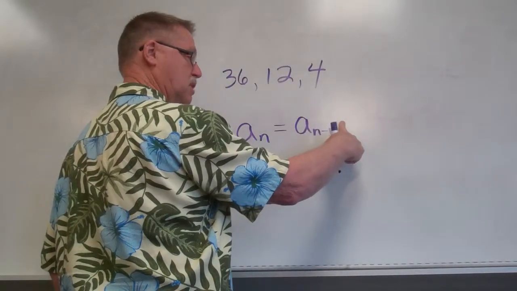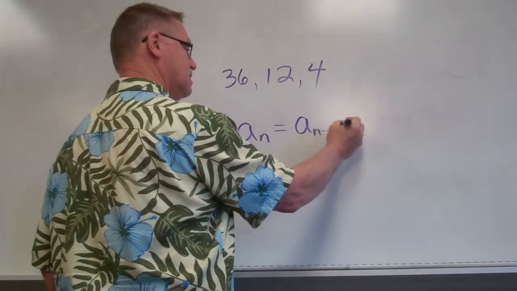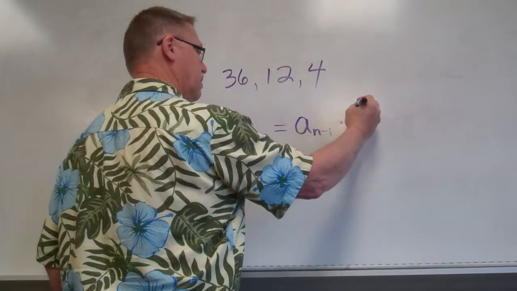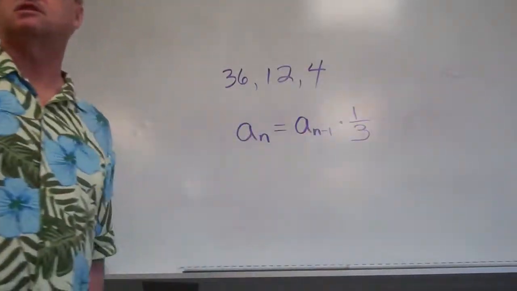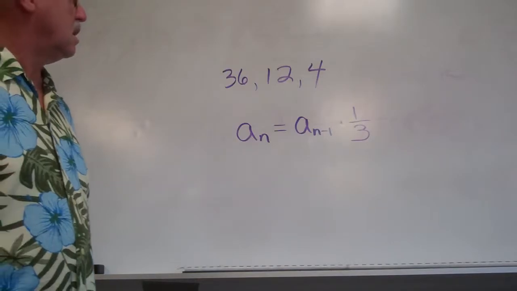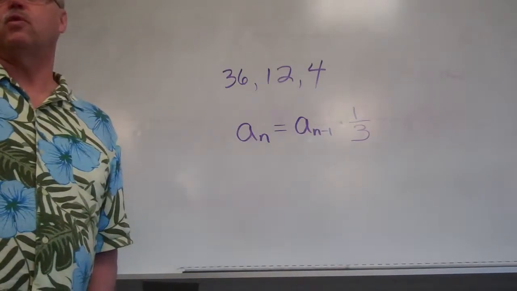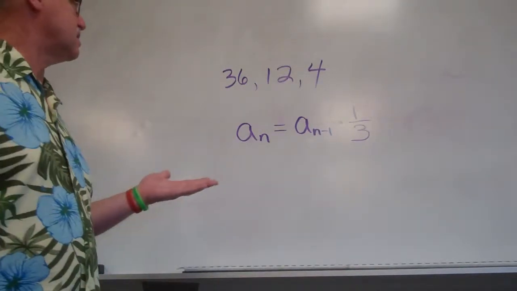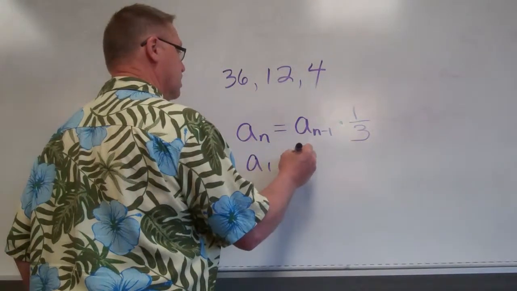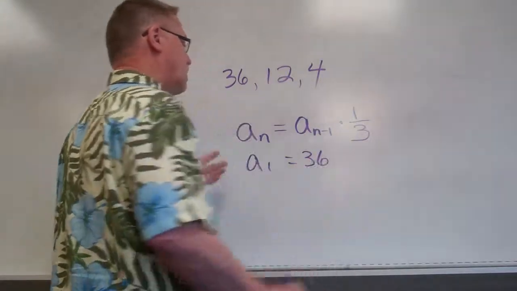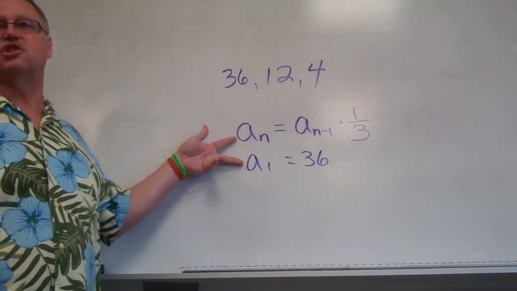And then right here you put what's being done to it. And Nate says times 1/3. Or you may have divided by 3. That's just as good. And then for the recursive kind, you have to tell where it starts. So you put A sub 1 equals 36. This would be the recursive description.